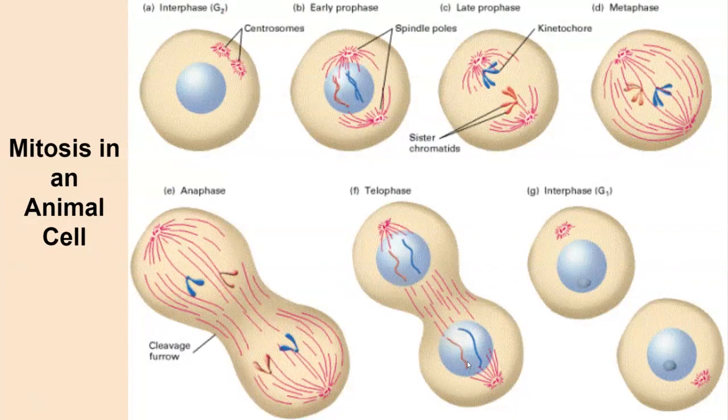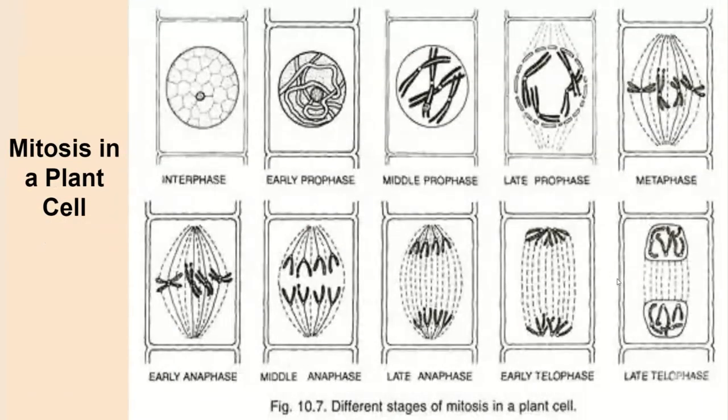Animal cells happen a little bit differently than plant cells, because plant cells do not have these little centrioles right here. What they actually do is very similar. They have prophase, metaphase, anaphase, and telophase, but they don't have pinching in the middle. Remember that plant cells are surrounded by a strong cell wall.